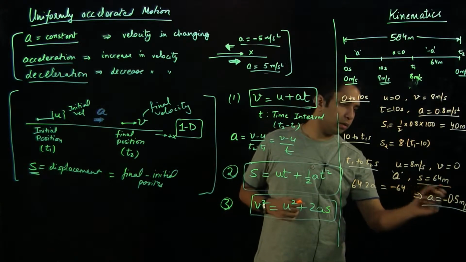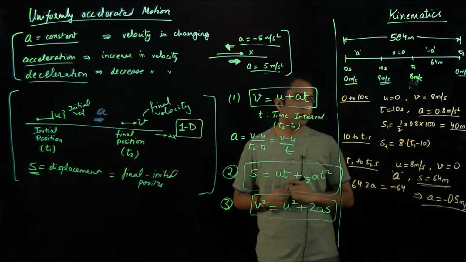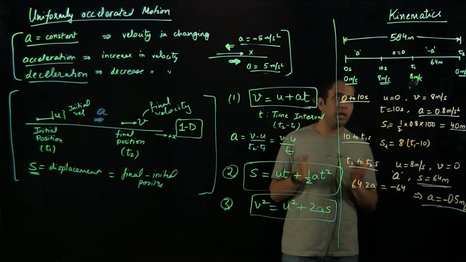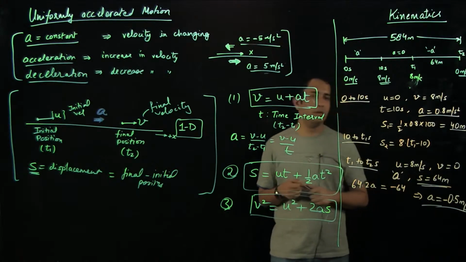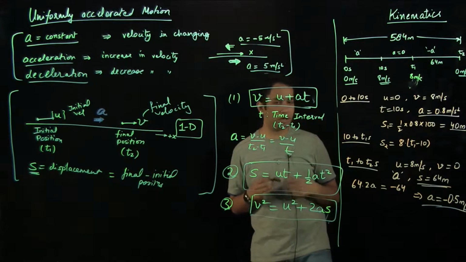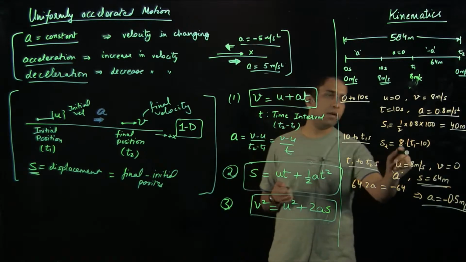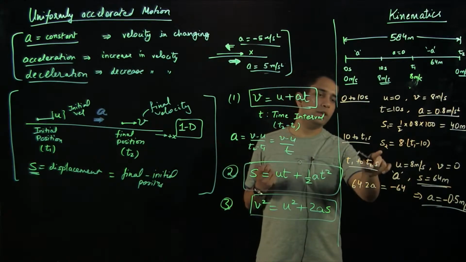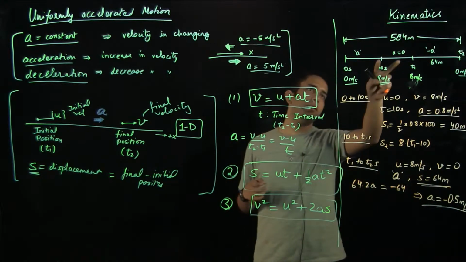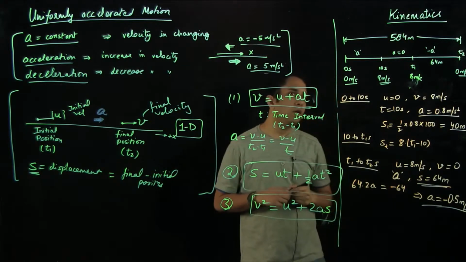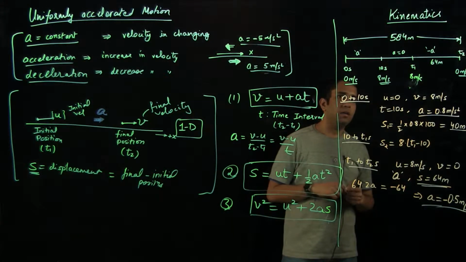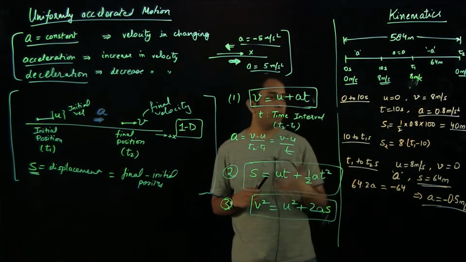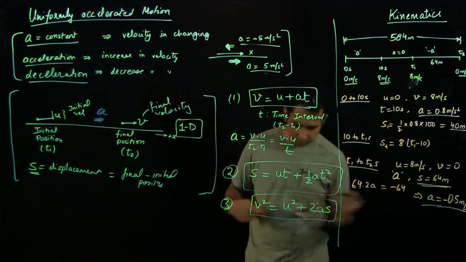So the only thing I need to calculate, there are certain variables which I still don't know: t1, t2 I don't know, and due to that I still don't know s2, which is the distance travelled in this part. So let us find out all these variables.